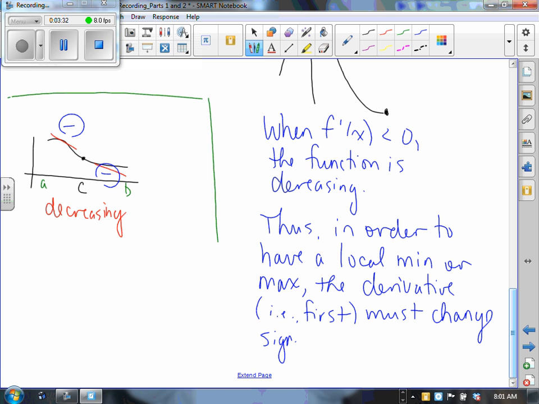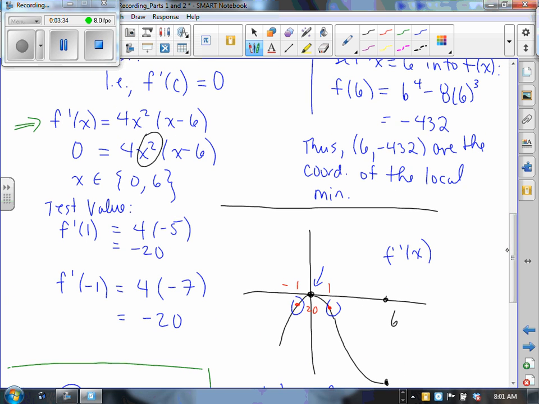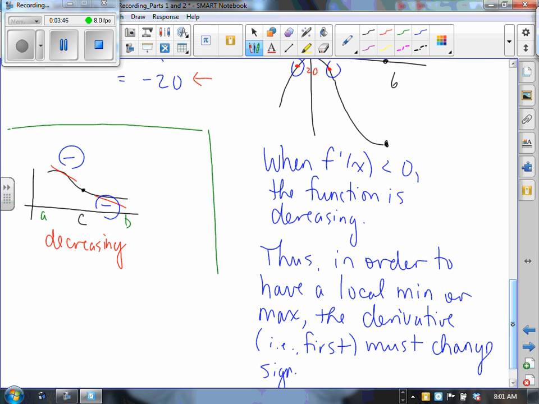In this case, when we tested around the critical value, we ended up getting values of minus 20 on either side. So that corresponds to this particular situation here.